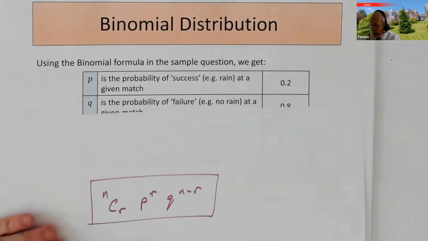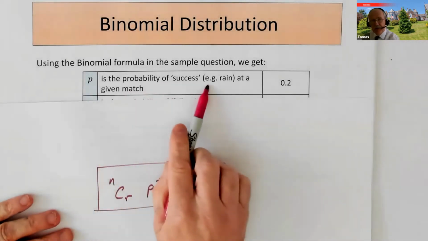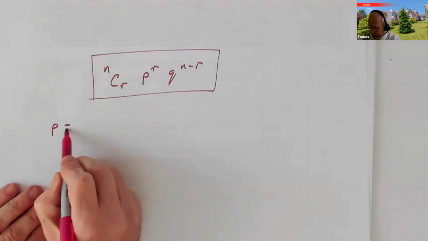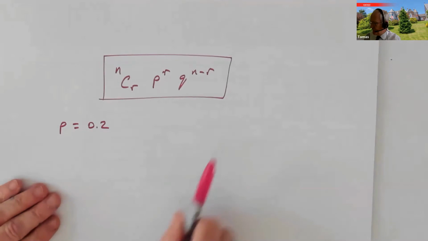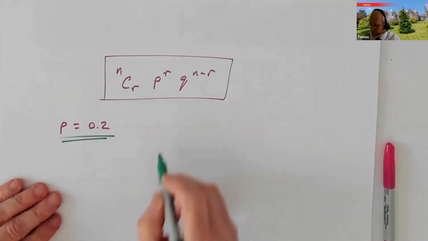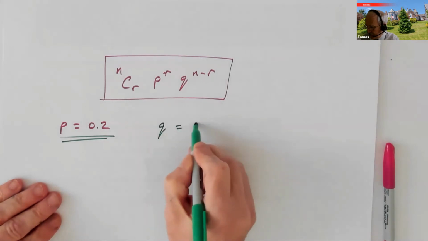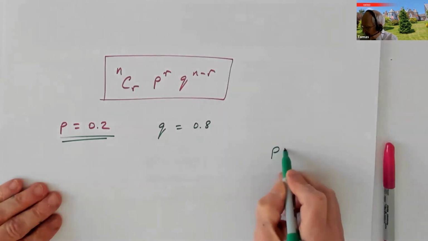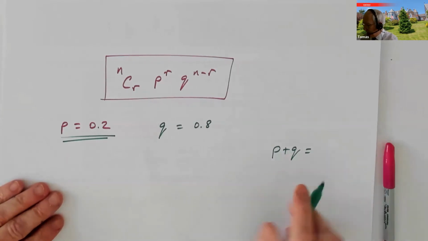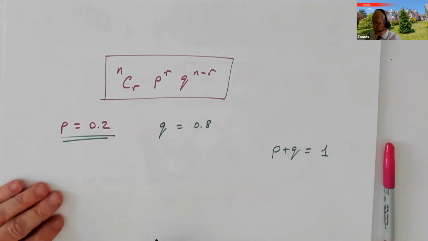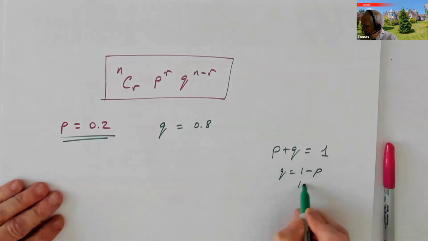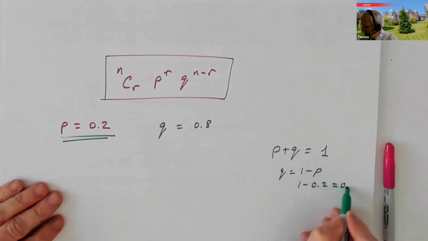It says, on a given day, the probability that it's raining is 0.2. So p is equal to 0.2. If the probability of rain is 0.2, q is 0.8, because p plus q, the probability of something plus the probability of it not happening, has to equal 1. So q is equal to 1 minus p, 1 minus 0.2, which is 0.8.